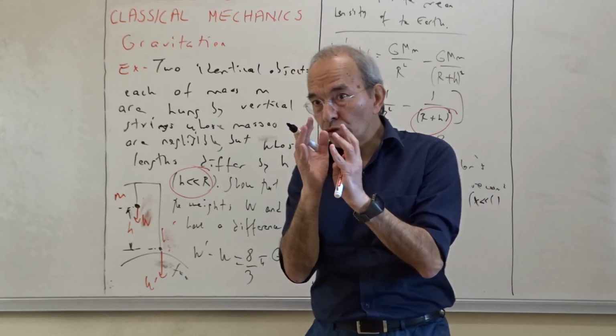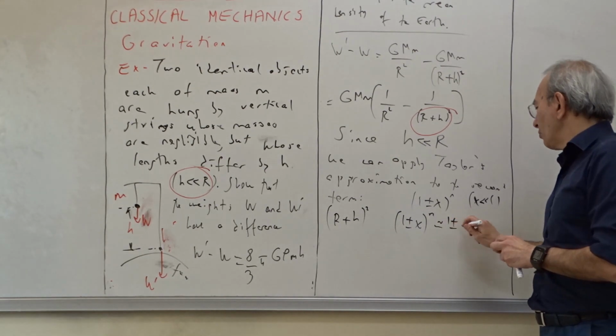But we keep the first two. What are the first two? 1 plus or minus n times x.